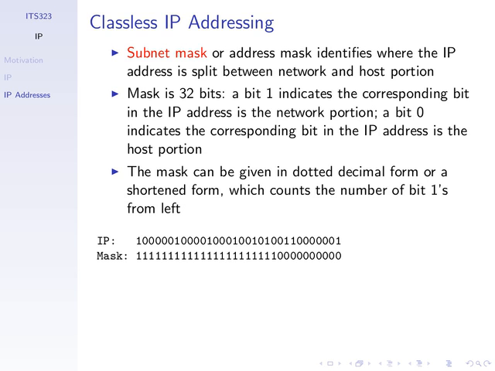We could do the same for B and A. The network address for A, 0001000011 followed by all zeros. What did I say, 192?